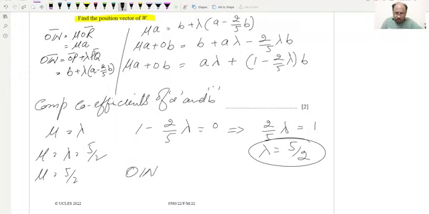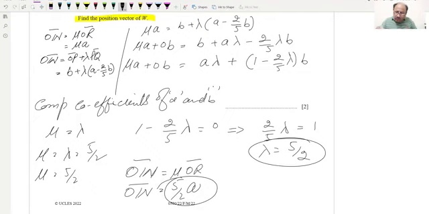So OW is equal to mu OR. So this will be equal to mu which is 5 by 2, and OR will be A value. So OW position vector will be equal to 5 by 2A.